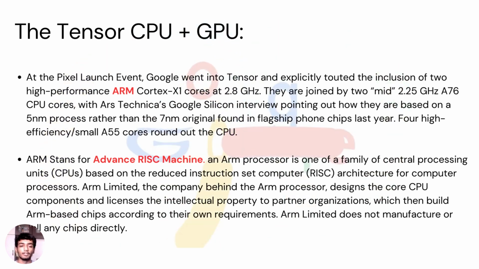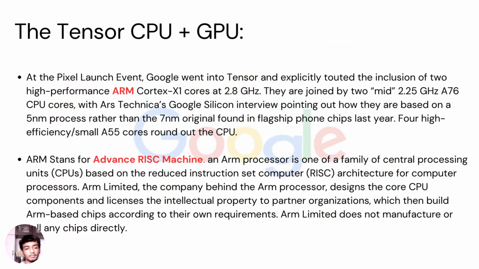At the Pixel launch event, Google went into Tensor and explicitly touted the inclusion of two high-performance ARM Cortex X1 cores at 2.8 gigahertz. So 2.8 is the clock speed of those ARM processors. They are joined by two mid 2.25 gigahertz A76 CPU cores, with Google's silicon engineering pointing out how they are based on a 5 nanometer process rather than the 7 nanometer originally found in flagship phone chips last year.